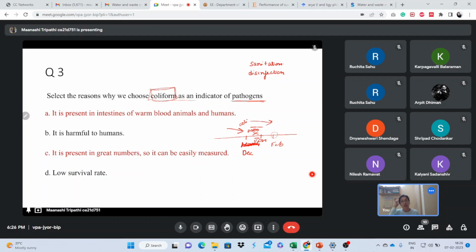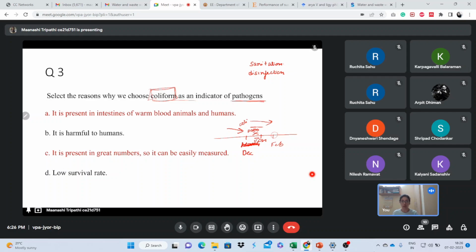Second is we don't want to measure pathogens. First, it is very difficult to measure pathogens. Second, if we are taking the pathogens to our labs and measuring them, what if suddenly or by accident we just keep those hands in our mouth or on our body? It will be difficult to survive after that. That is why we choose coliforms, not pathogens.